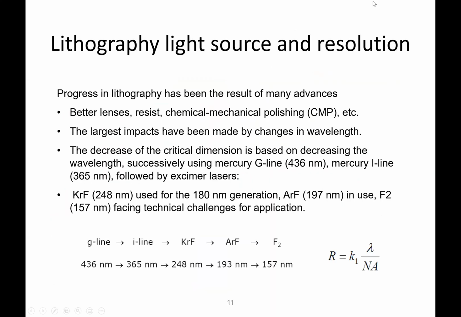So here is the light source available. Here you see the first generation of optical lithography used the G line. This UV light was used around 1960 through 70, and then the I line took over around 1980.